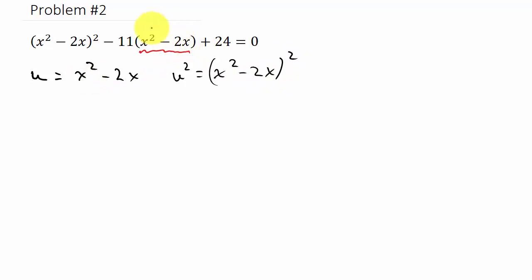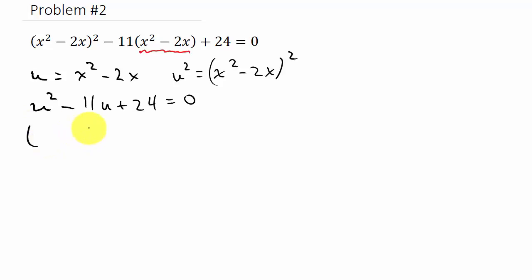You can see when I squared this middle term, I ended up with this one. So now the u squared, I'm going to put in for this. All of this is going to be replaced with u squared minus 11, and then the x squared minus 2x, I'm going to replace that with u, plus 24 equals 0.